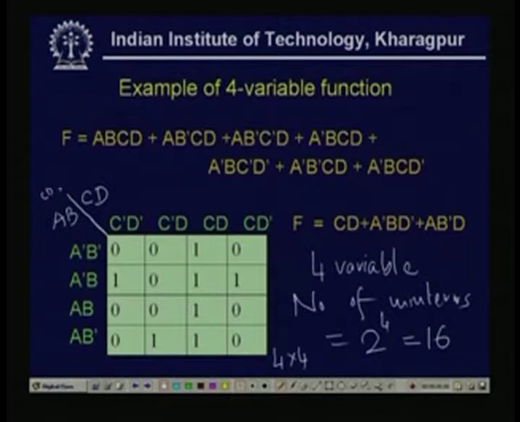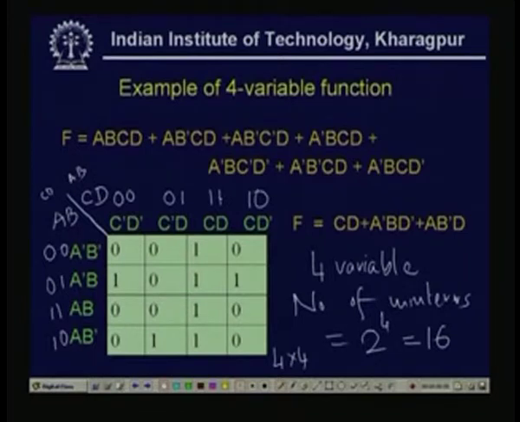For this particular example we have taken a, b for rows and c, d for columns. For all possible combinations of a, b, that will be a bar b bar, a bar b, a b and a b bar, which we can also write as 0 0, 0 1, 1 1, 1 0. Similarly, the c, d values can be 0 0, 0 1, 1 1, 1 0.